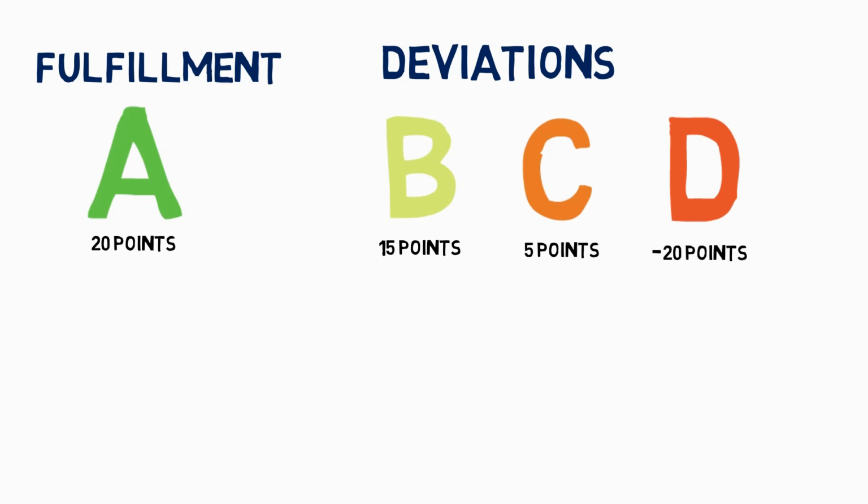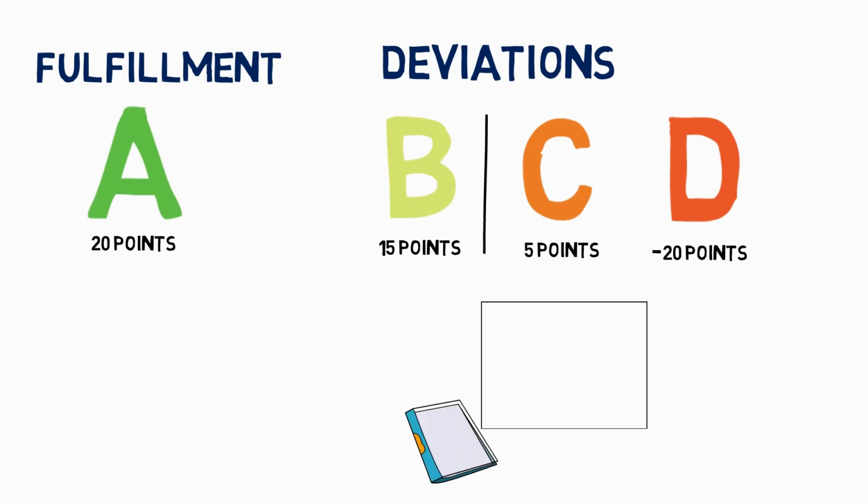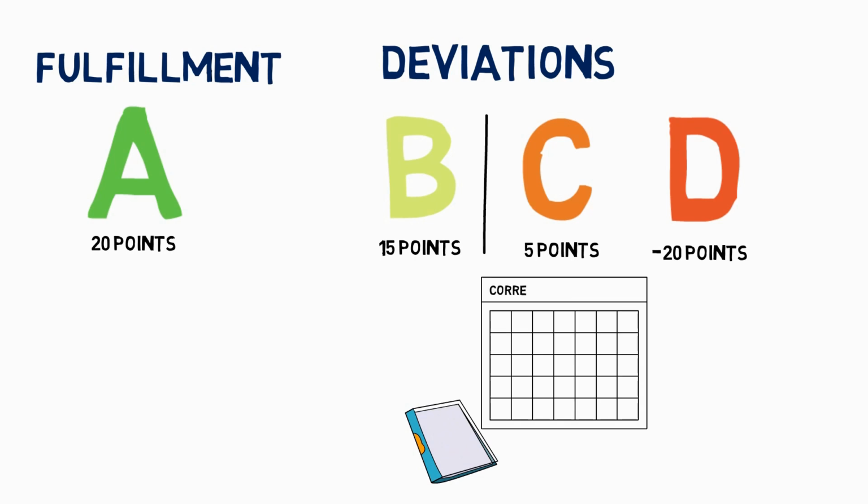Now you might be asking, where do you draw the line between a B and a C? This is where the unique IFS scoring system really shines. All deviations, including B and C, are written down in the audit report and also in the corrective action plan.